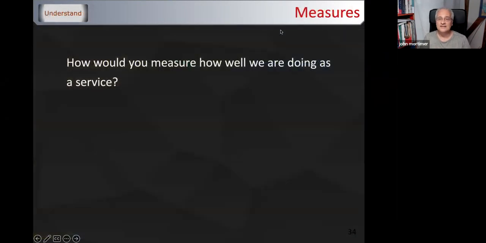Right. Okay. The other important thing, of course, is measures. Measures are a critical part of this. And how would we measure? Now, in the public sector in particular, you've got central government imposing measures. So you put all that aside. I'm interested in systemic measures. I'm interested in outside-in measures.